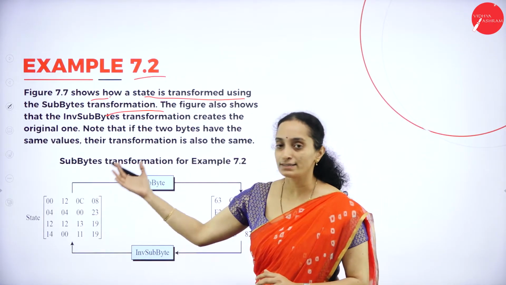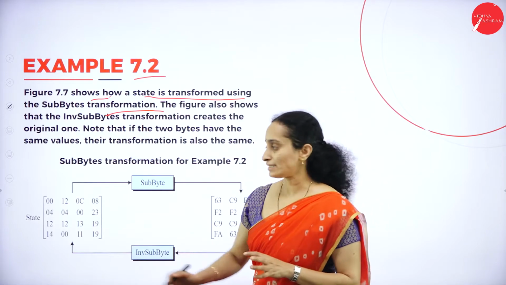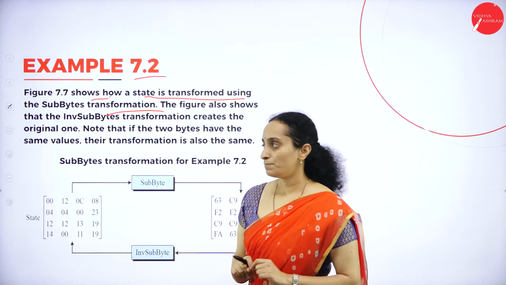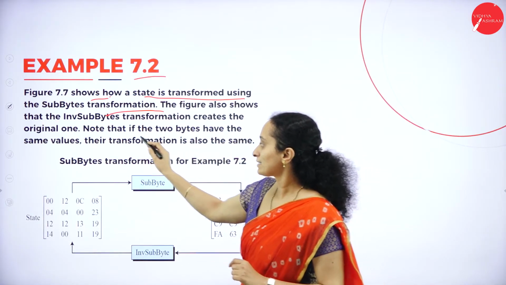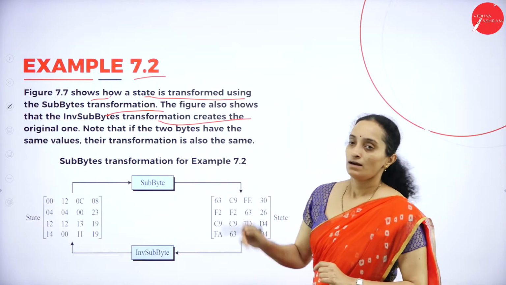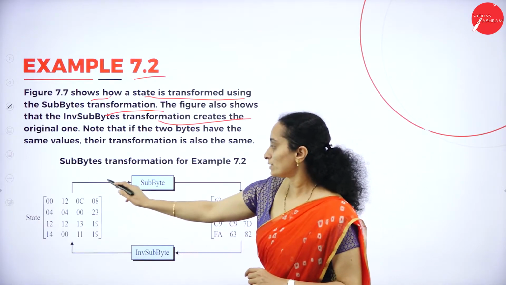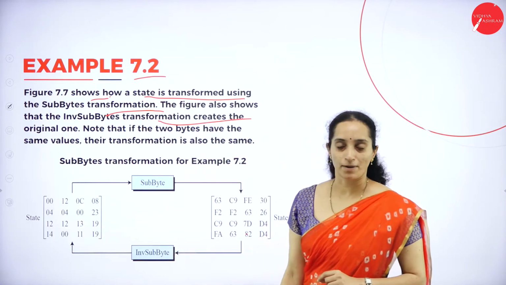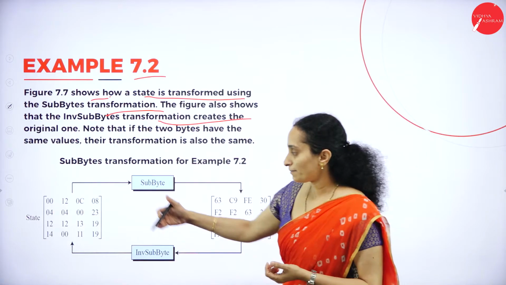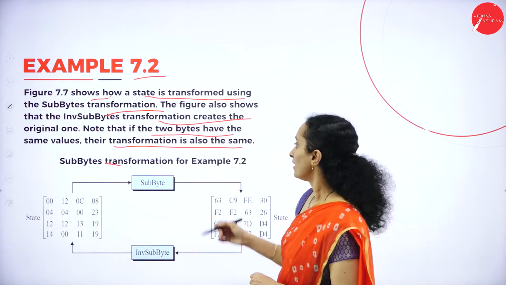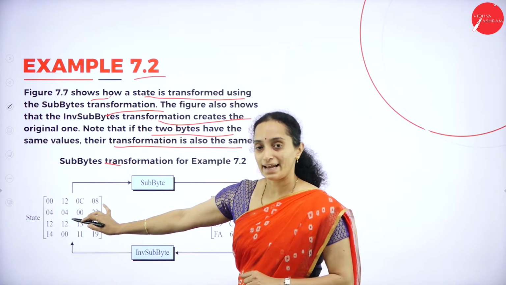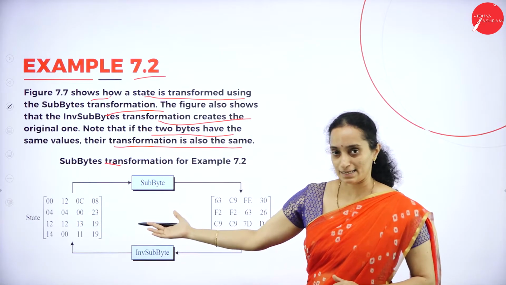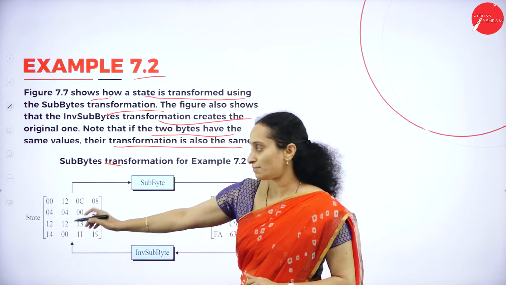This is the state with the plain text representation. This number represents the plain text message. It creates the transformation. This uses the sub byte, whereas this matrix uses the invert sub byte to get back the plain text. If you have the state with a 4x4 matrix, this will be the hexadecimal representation of the original message.